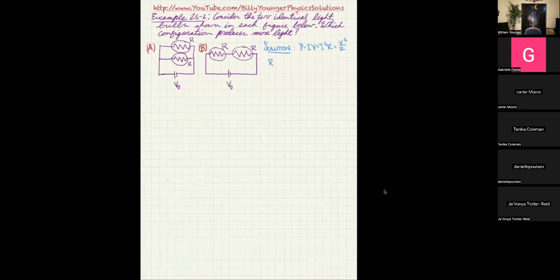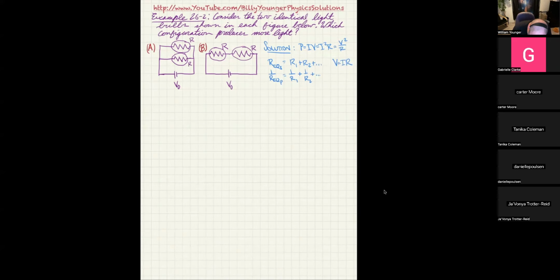We also know that R equivalent in series is R1 plus R2 plus and so on, and 1 over R equivalent in parallel is equal to 1 over R1 plus 1 over R2 plus and so on. And we also know Ohm's law, which says V is equal to IR. Those are some expressions we're going to look at.